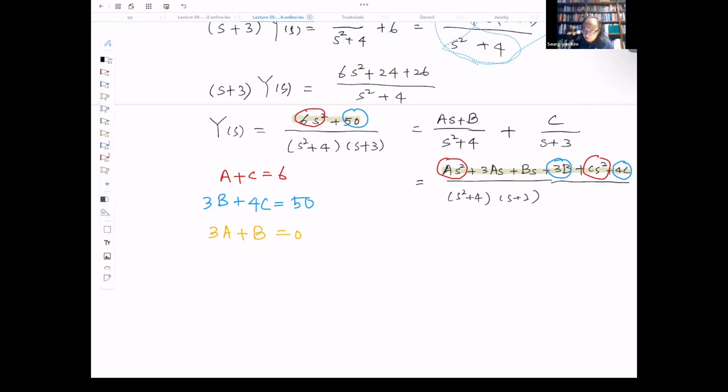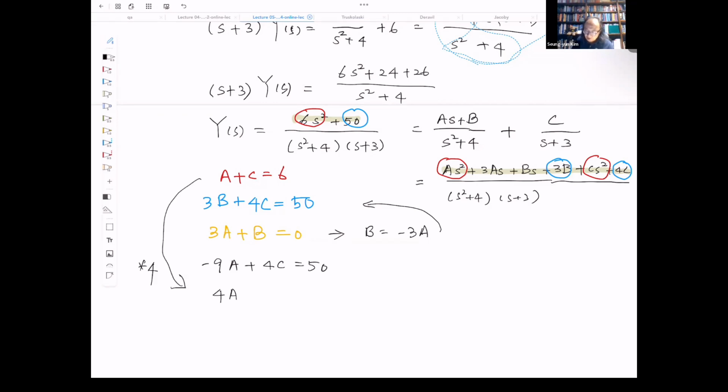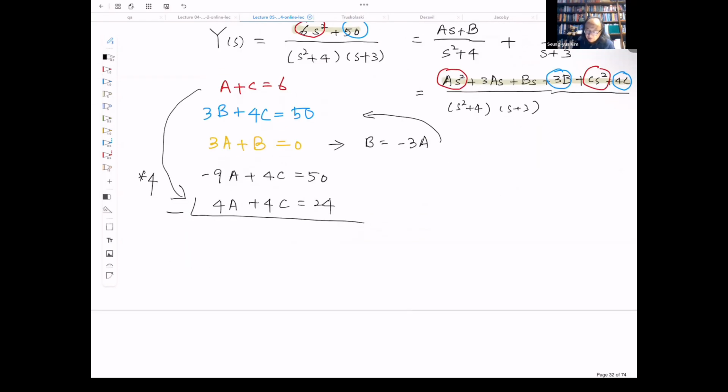From the last one, we have B equals negative 3A, and plug it in here. Negative 9A plus 4C equals 50. 4A plus 4C equals 24. And we subtract: negative 9 minus 4, so negative 13A equals 26. So then A equals negative 2.